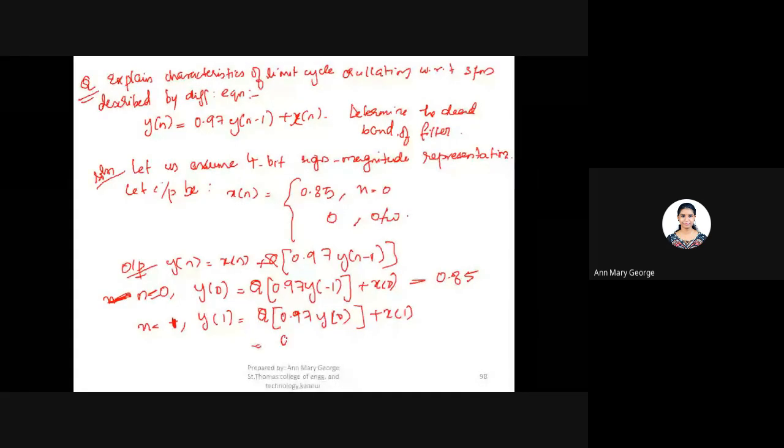Therefore, this will be q of 0.97 into y of 0, which is 0.85, plus 0. Okay, this will be equal to q of 0.8245.